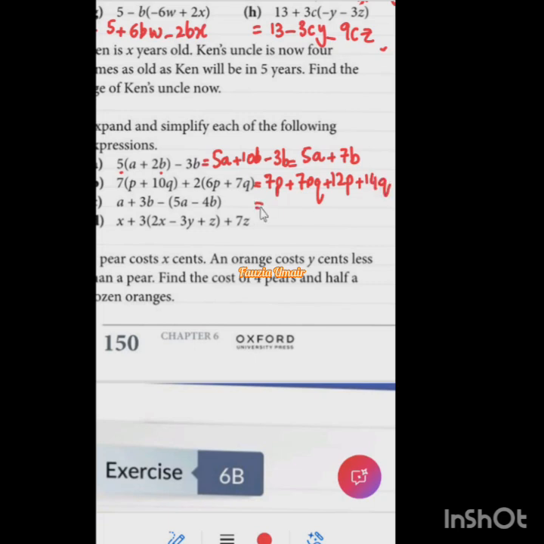Now we can write down the like terms together: 7p plus 12p, plus 70q plus 14q. What is the final answer? 19p plus 84q. Very good. Can we combine any further? No, we cannot, because there is no like term now.